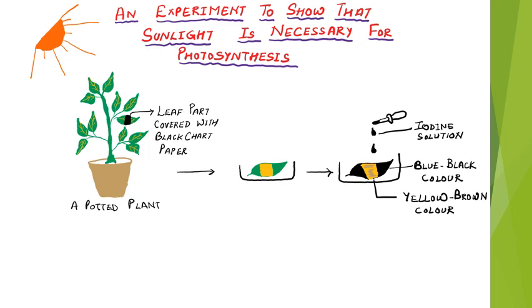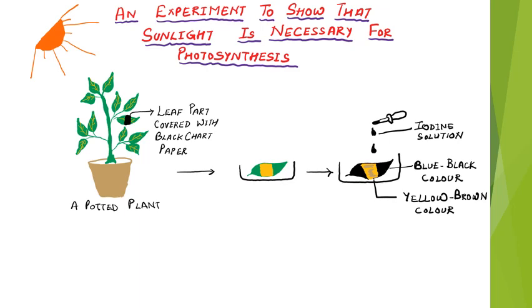You will notice that the part of the leaf that was deprived of sunlight, where you have covered with black chart paper, where sunlight was not there, that part, by adding iodine solution, turns into yellow-brown color, while the other part, which was green, turned into blue-black color.